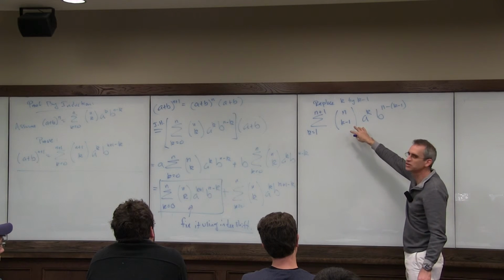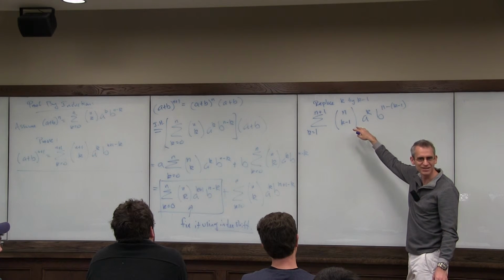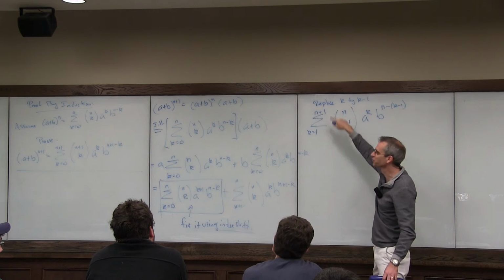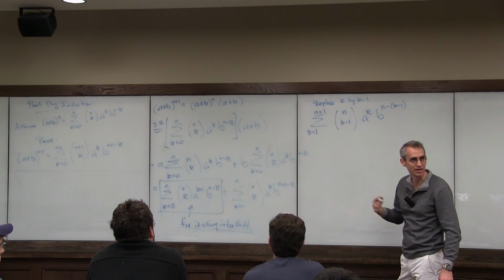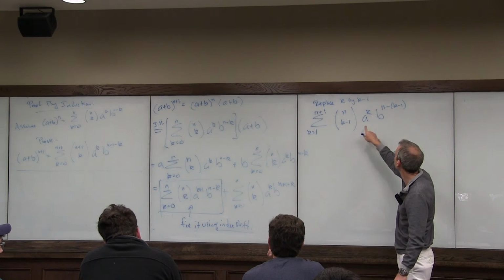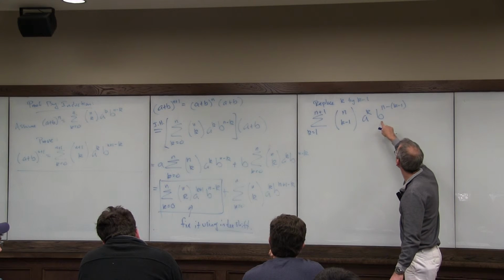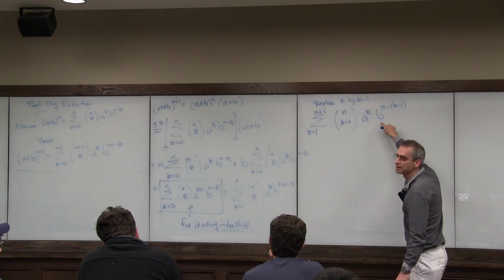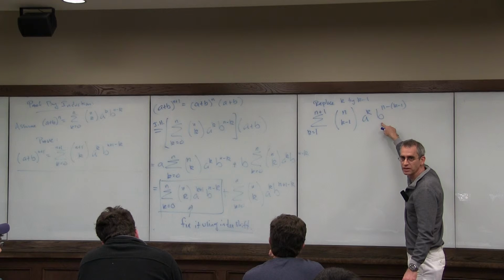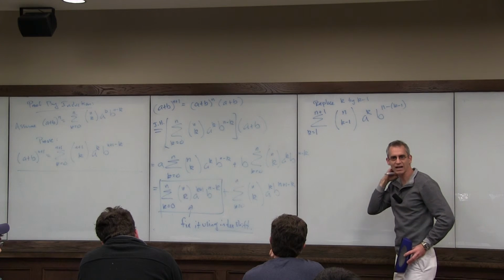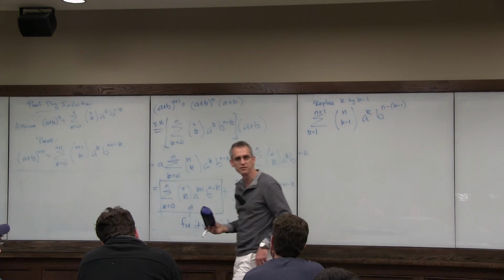Actually, you just need to check where it starts. As long as it starts at the same place and the number of terms is the same, then it has to end in the same place because they're both counting by 1. So we'll just check the beginning. And so this is now a to the 1, b to the n. So this sum involves the exact same numbers as the previous sum.